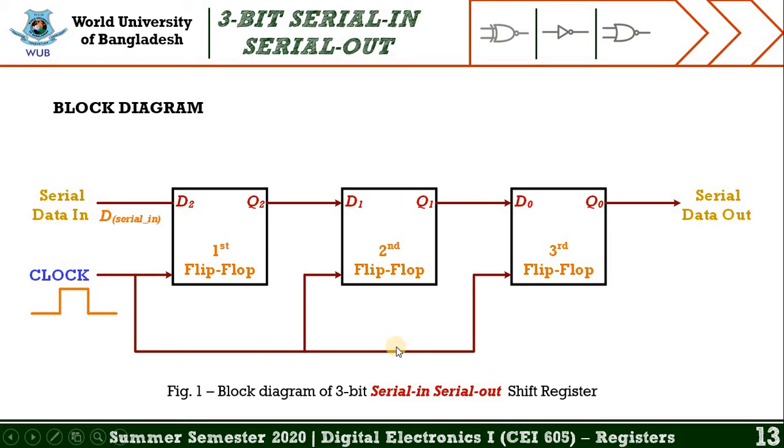Another important thing to notice from this figure is that a clock pulse is applied at each flip-flop, symbolized as clock, and it is the same clock pulse applied to all three flip-flops. So that's all for the block diagram of the 3-bit serial in serial out shift register. Let's move into the next slide.